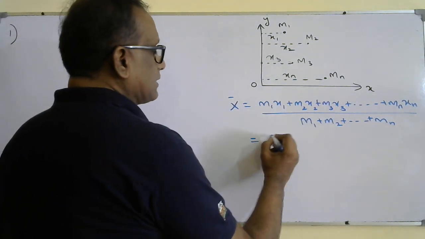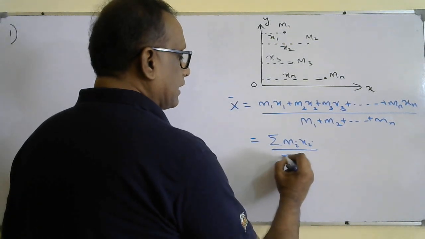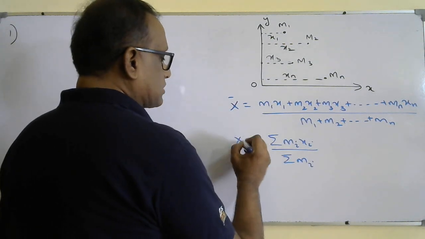So we write sigma mi xi over sigma mi. That is the x coordinate.